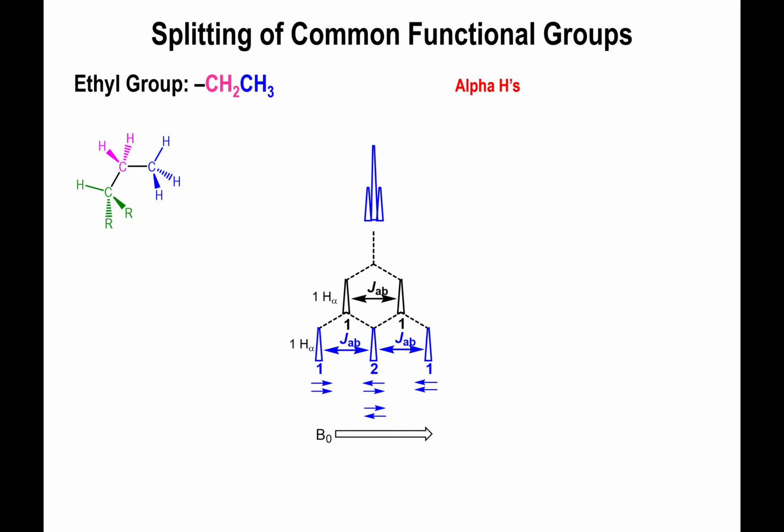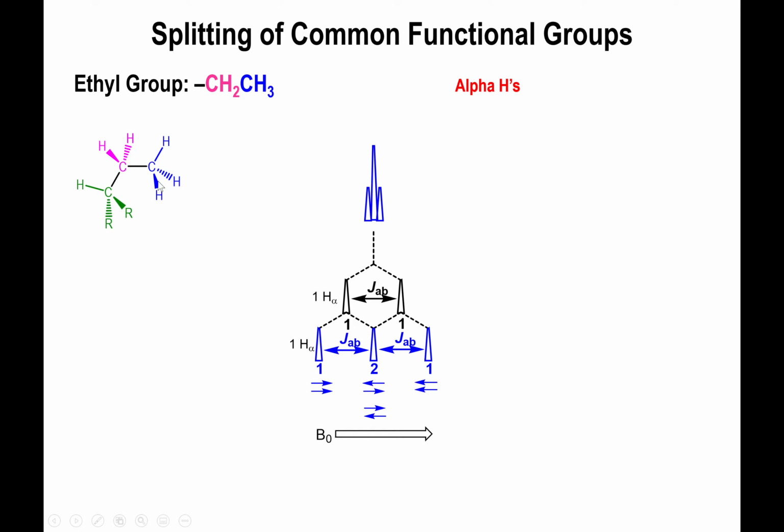And that's all you see if you have no neighboring hydrogens. But if next door you do have neighboring hydrogens, for instance, this is technically a propane-like structure where I've attached 2 R groups. It doesn't matter right now what the R groups are. The point is that the ethyl fragment is next to a carbon that contains a hydrogen.